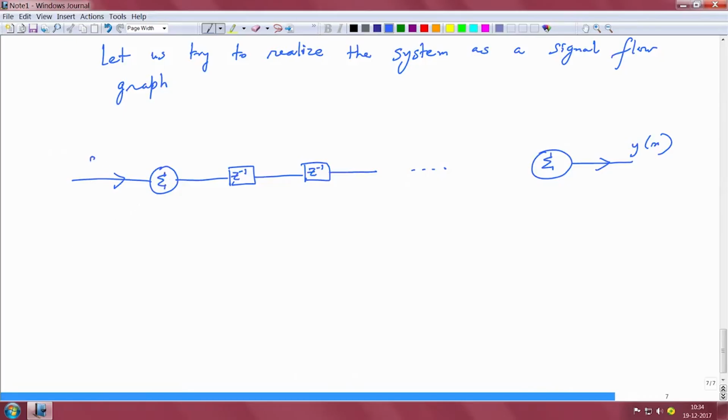Now we have a forcing function f of n. At this point it is scaled by b0 and gets to the output.